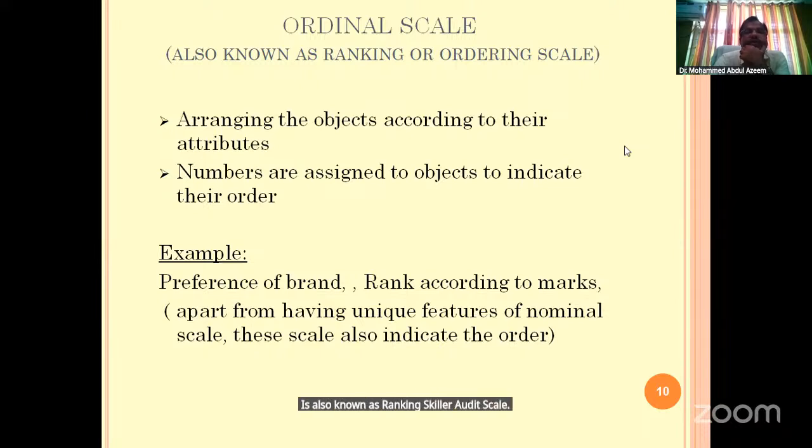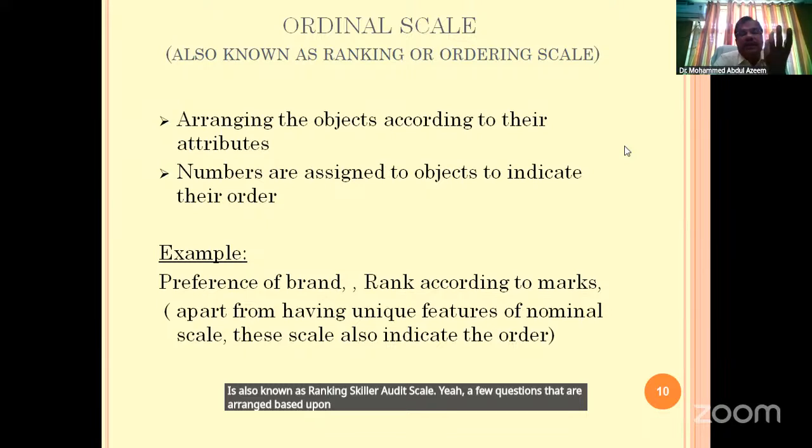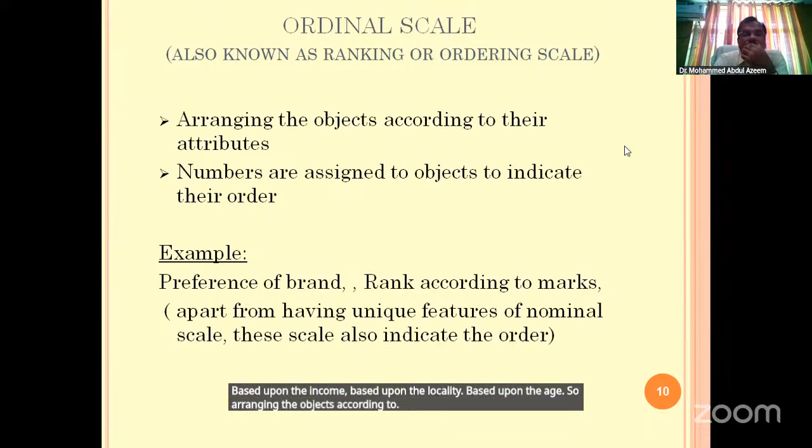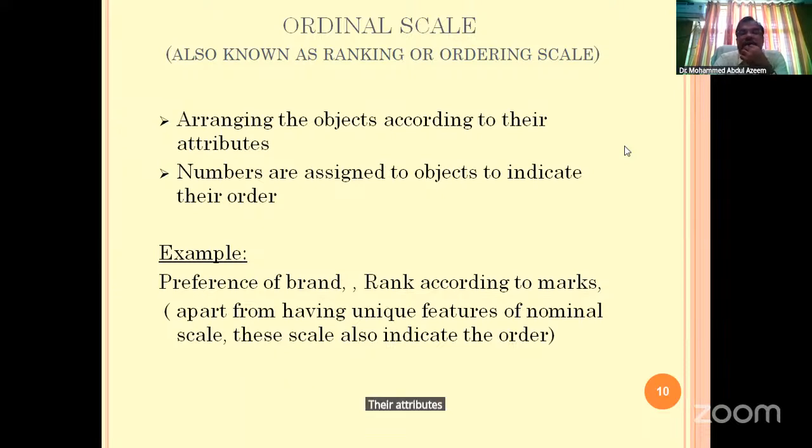There are a few questions that are arranged based upon some criteria, based upon the income, the locality, the age. So arranging the objects according to their attributes. Numbers are assigned to objects to indicate their order.